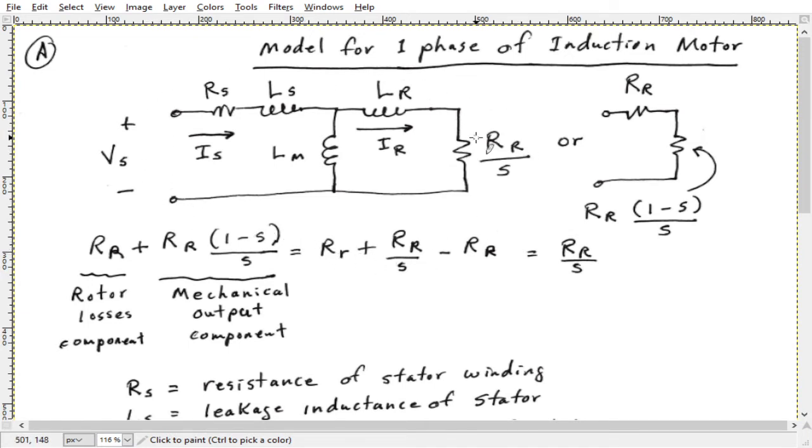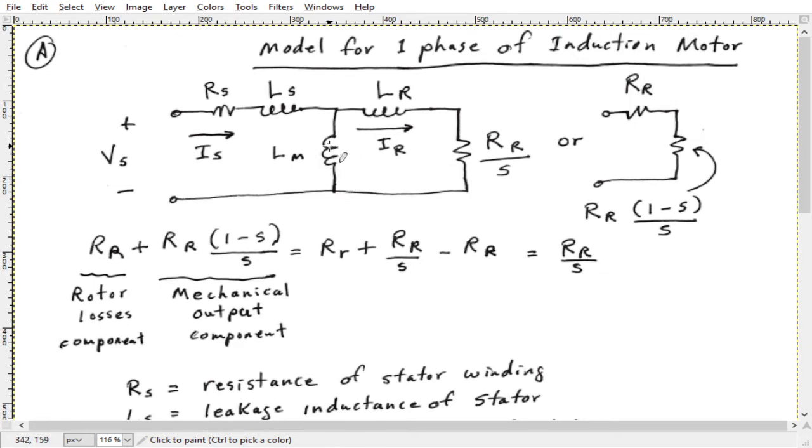Now we'll look at something that will help bring this together a little better, but first let's look at the model components here. The first thing we have is the stator resistance, which is the resistance of the coils that make up the stator. We have the magnetizing inductance for the stator coils.